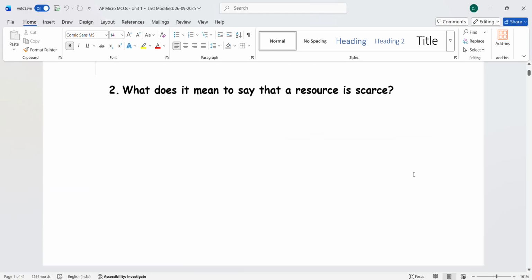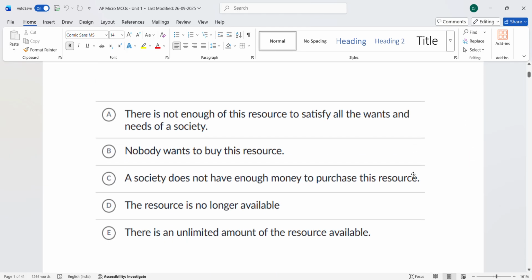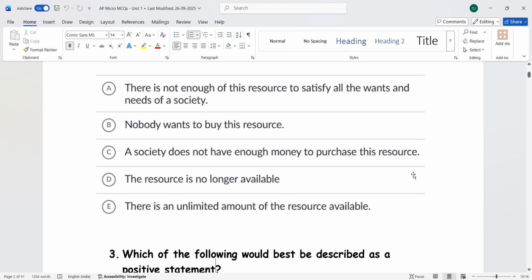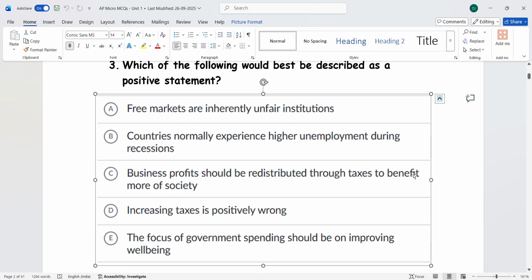The second question is this: what does it mean to say that a resource is scarce? Third is, which of the following would best be described as a positive statement?